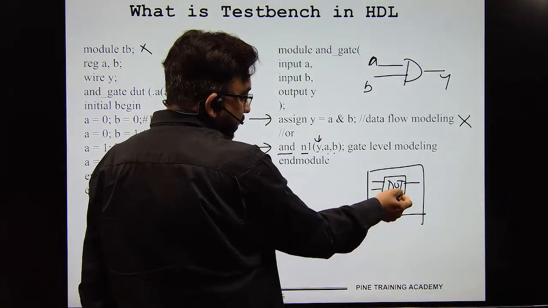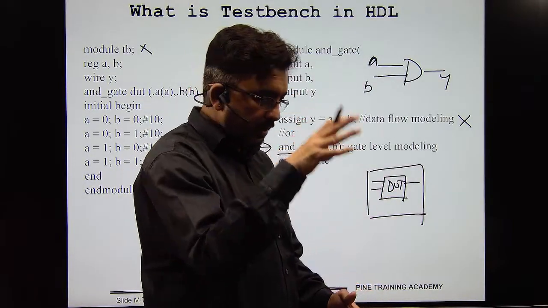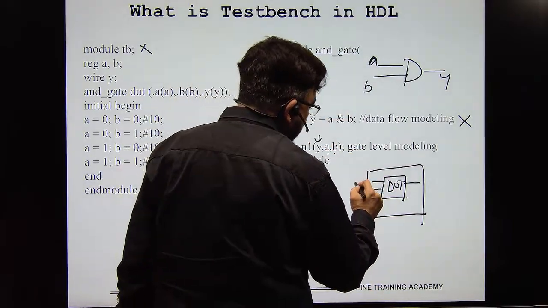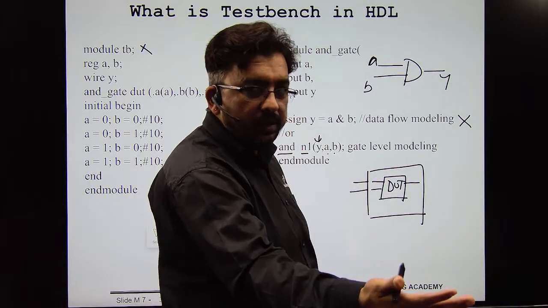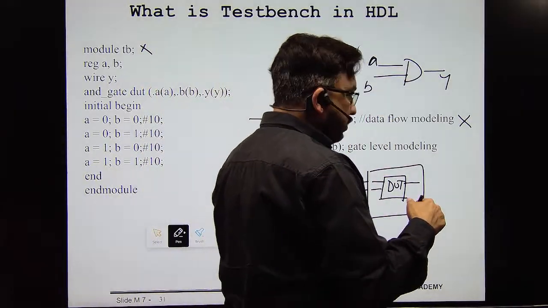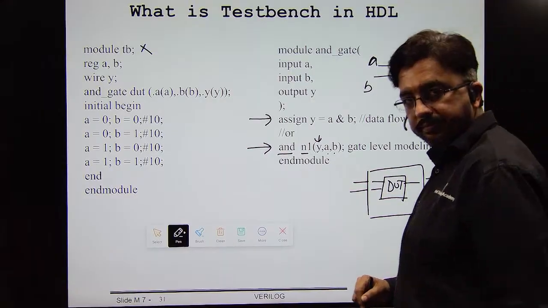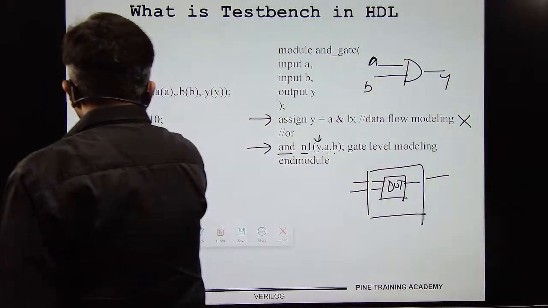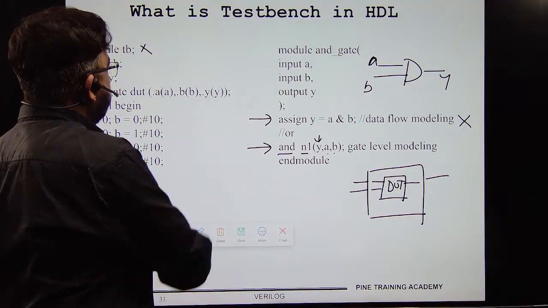This DUT we have to put under the test environment. Whatever input you have in the design, the same input you will generate outside, just to force the value textually, and the same output will be generated outside. That is why we don't require the inputs.